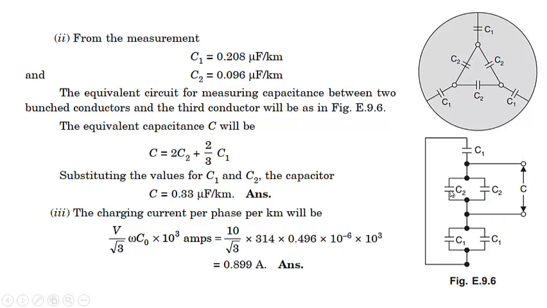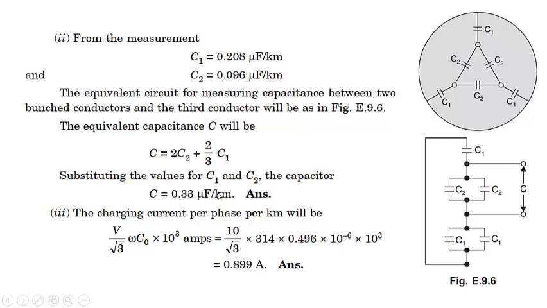So you can see this will be twice C2, this will be twice C1, and this C1 and this C1 will be in series. The series combination will be equal to 2 by 3 C1, and then their combination will be in parallel. So this will be twice C1 plus 2 by 3 C1. Substituting the values of C1 and C2, the capacitance C will be equal to 0.33 microfarad per kilometer.